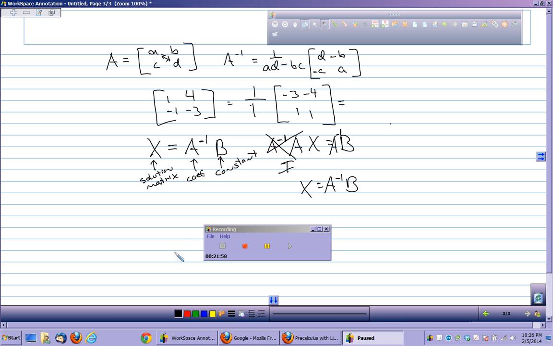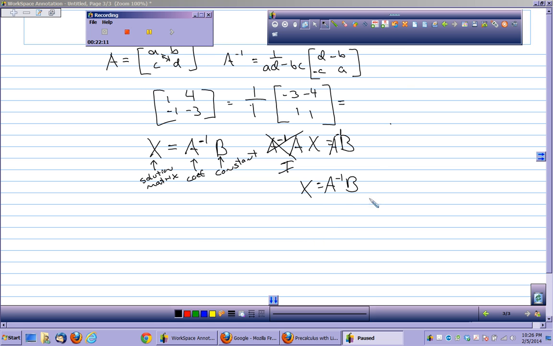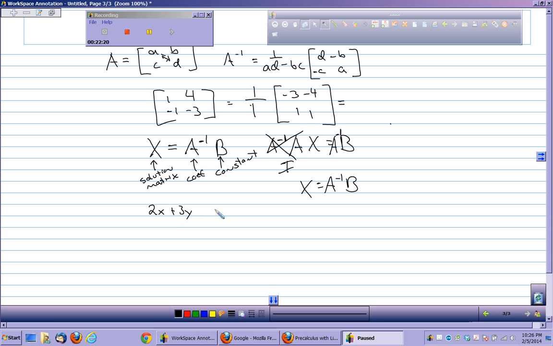So, for example, say I am told to solve this particular system of equations right over here. So say I have 2x plus 3y plus z equals -1, and 3x plus 3y plus z equals 1, and 2x plus 4y plus z equals -2.